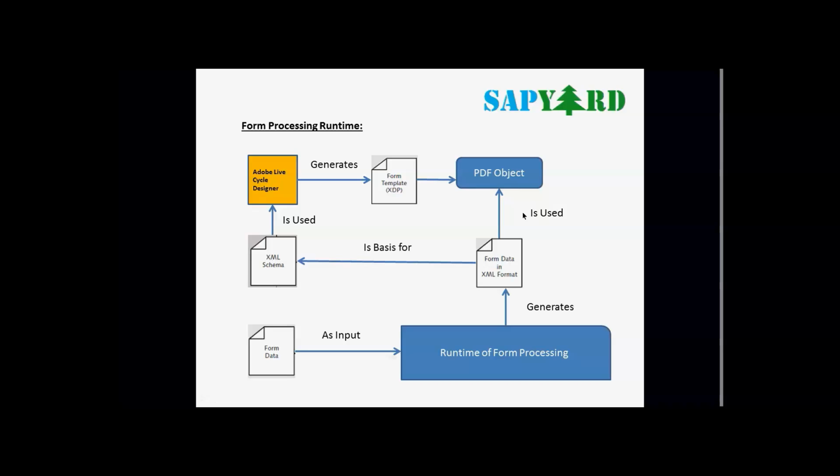Combining those things, the PDF object is then passed to the ADS. At this moment, as soon as it calls the Adobe Document Service, ADS will parse the XML data and the form template, combine them and generate the final PDF.